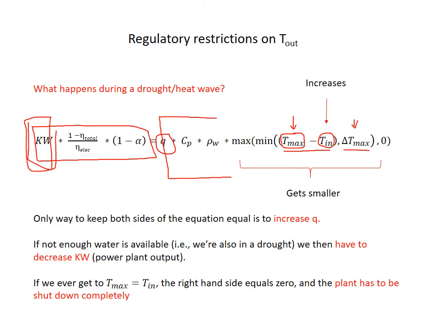To decrease the amount of energy you're producing. And so that can happen gradually, where a power plant will curtail by 10% or 25% or 50%. But at some point it has to be shut down completely, especially if the input temperature of the water reaches a certain point.